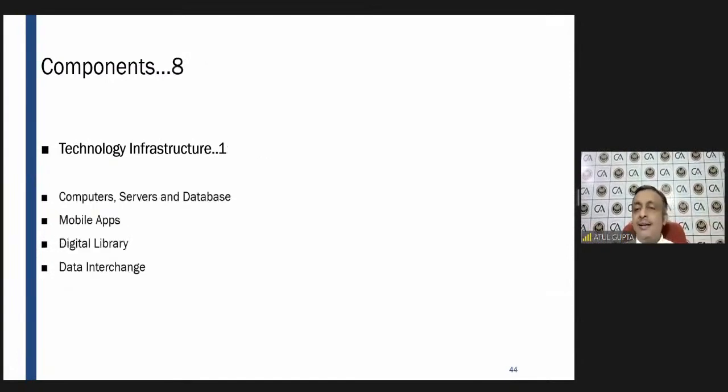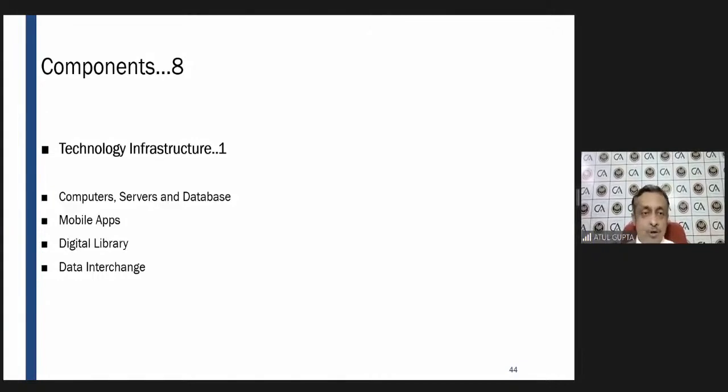Then the hardware includes computer servers and database, mobile apps, and digital libraries. Yes, where all the product catalogs and things are stored. Data interchange between the application and the user, between the application and the server, everything has to be in a secured mode.